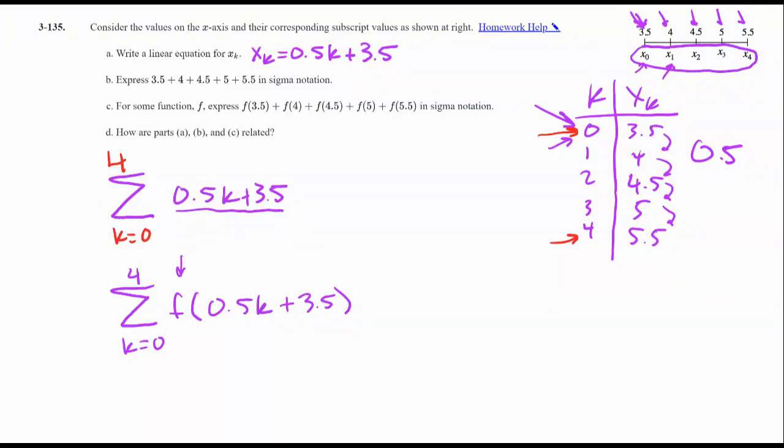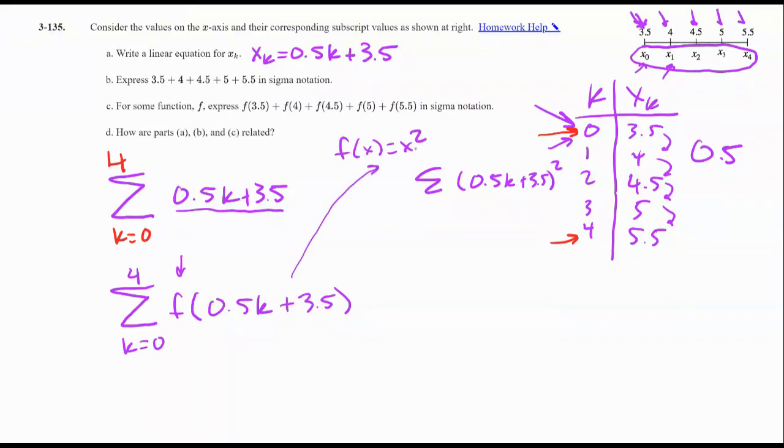But eventually, f is going to be equal to some other equation, like, let's say, x squared. So like, when we do that and we plug it in, right, we're going to say that when we plug that in, 0.5k plus 3.5 squared, because we're using kind of composition in this idea here.